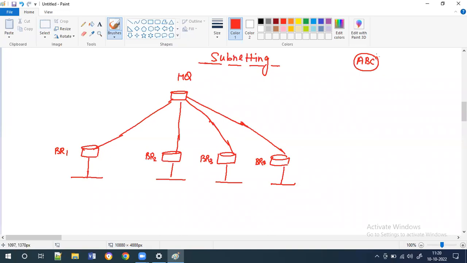This company ABC wants to open some offices in Hyderabad. They already have an office headquarter here in Hyderabad, right? They want to extend their network. They want to extend their office. And being network engineers, we are working there. Correct? Now they are saying, we need to have 4 branch offices in Hyderabad.